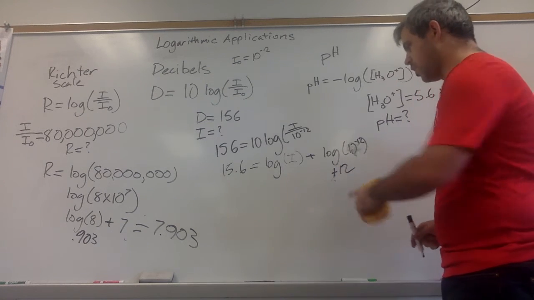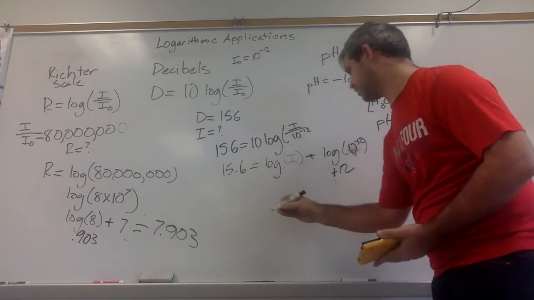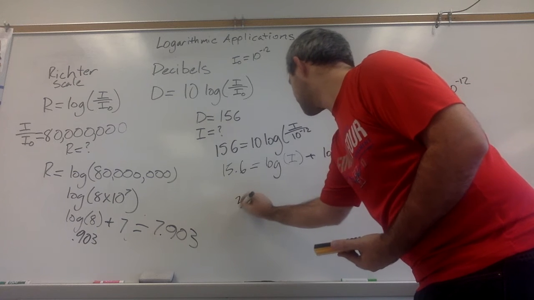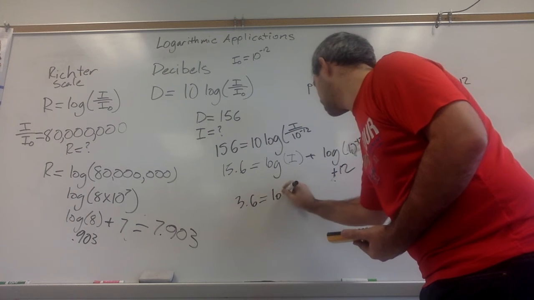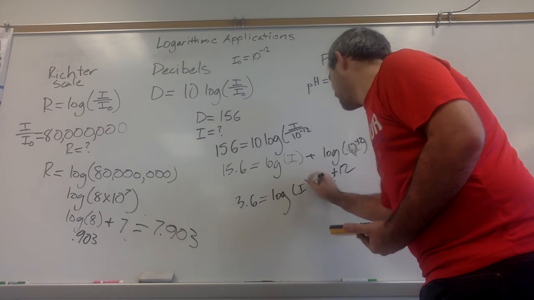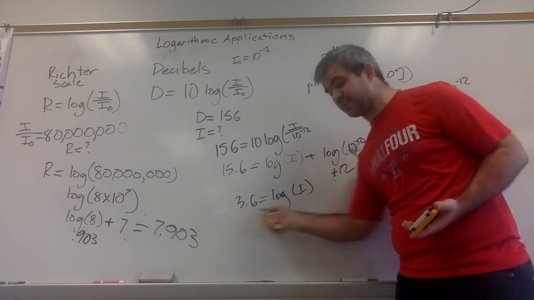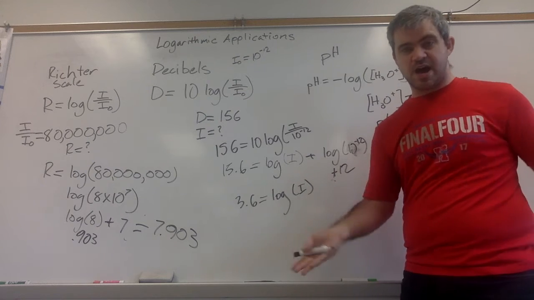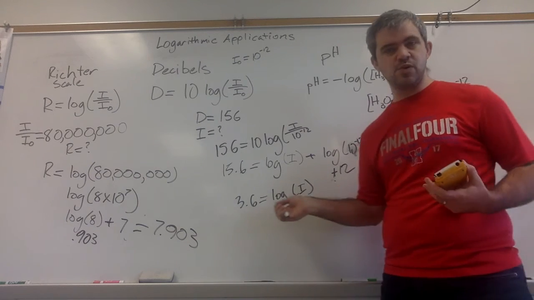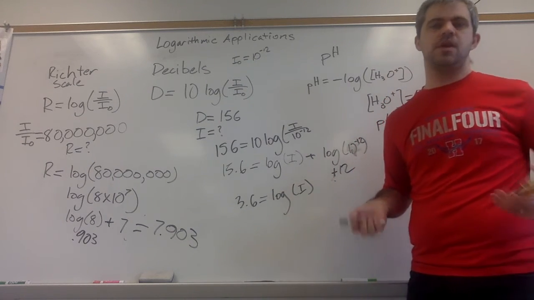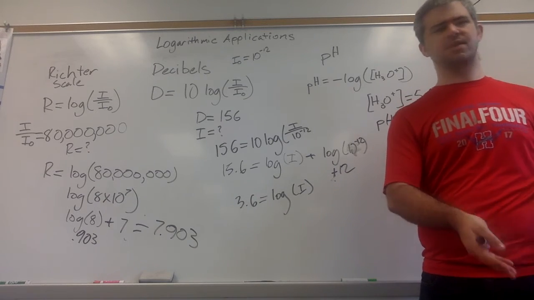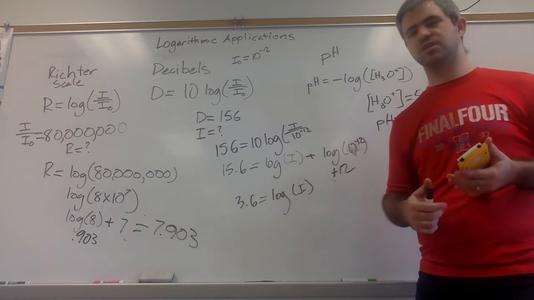So we're going to subtract 12 from each side. So I get 3.6 equals log I. So this kind of feels like we're stuck. Well, we're not. If you get stuck in logarithmic form, you should change to exponential form. If you get stuck in exponential form, you should change to logarithmic.